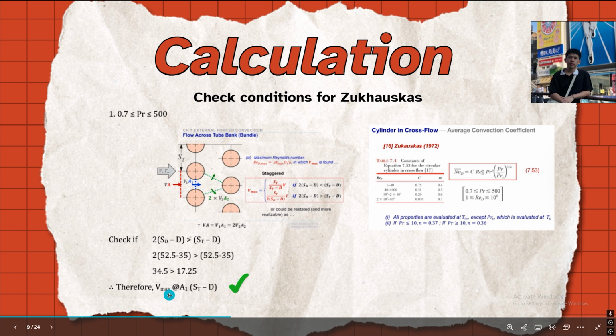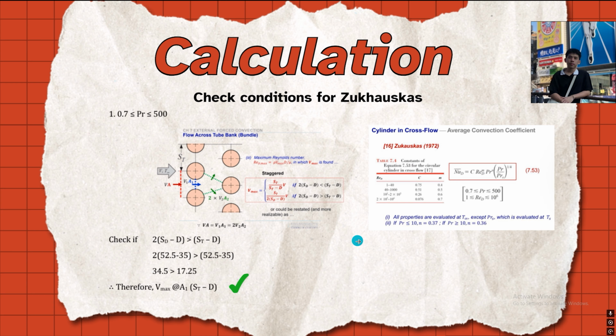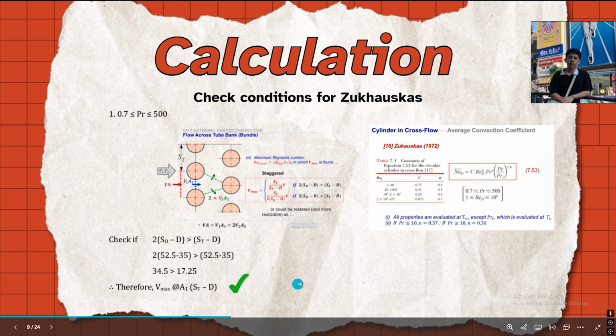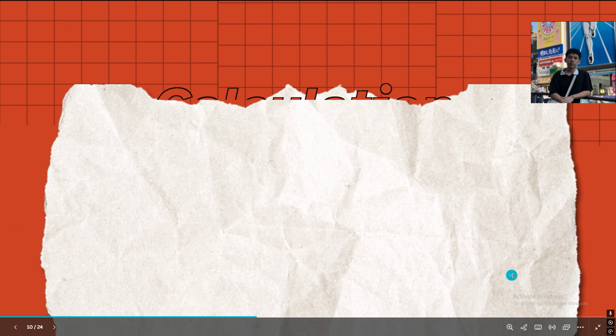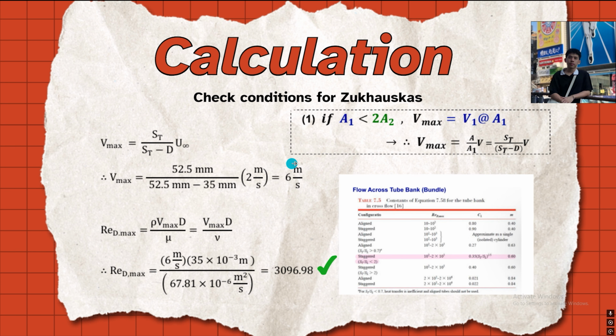Therefore, Vmax is at A1 right here, or ST minus D. This condition tells us that the maximum velocity occurs at the transverse plane. We use the formula Vmax equals ST divided by ST minus D times V, the upstream velocity. So this gives us a maximum velocity of 6 meters per second.